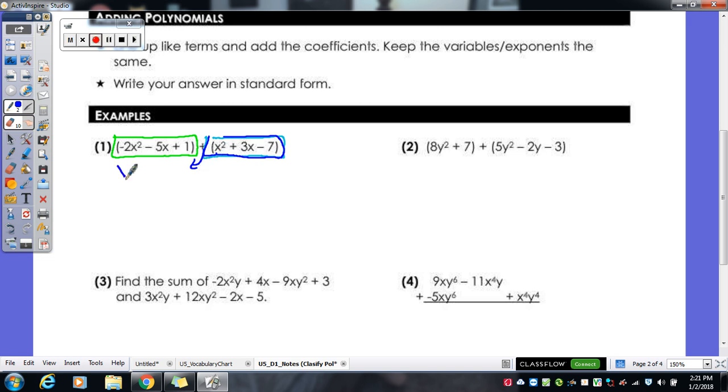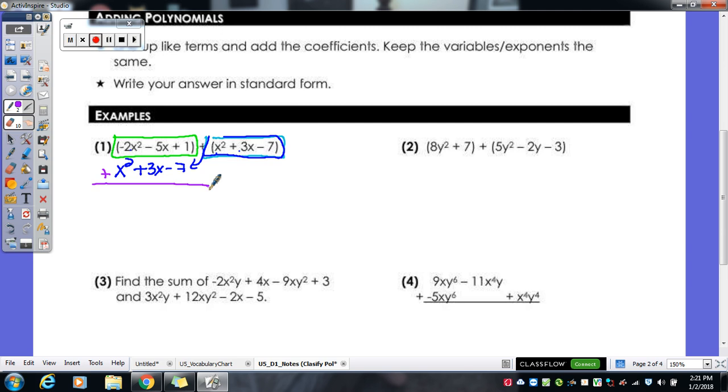So this x squared, I line it up under the x squared from my first polynomial. And then my 3x, I line up under the negative 5x because those would be like terms. They're both x to the first. And then my minus 7, I line up under my 1. So now we're going to go ahead and add them.